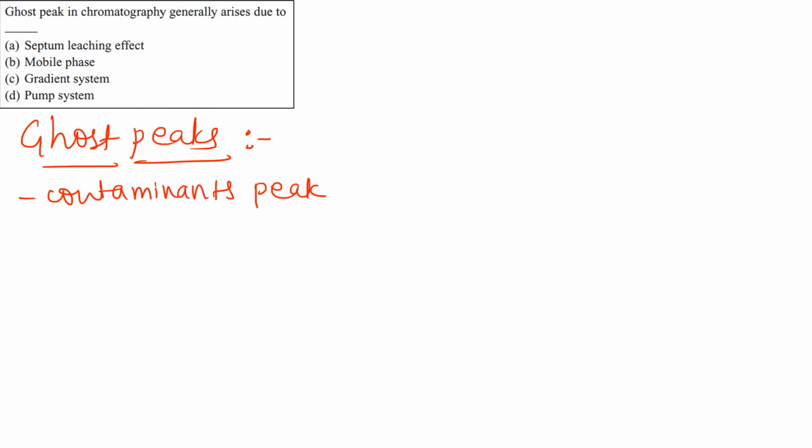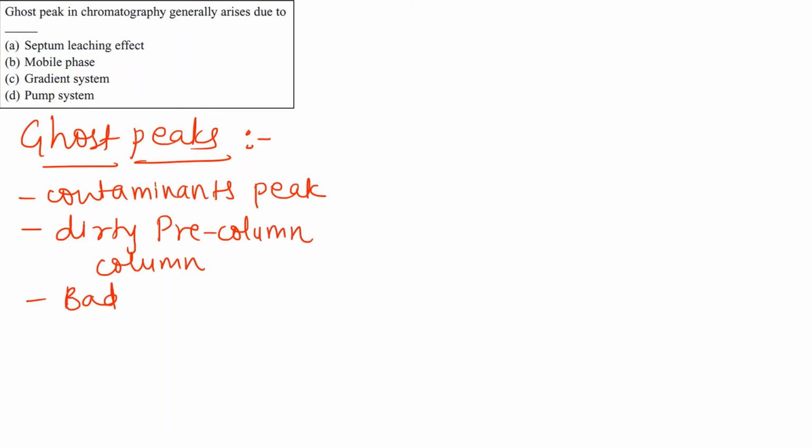That means when no sample is injected, still the peaks are appearing. Those are the contaminant peaks. The primary cause of ghost peak is a dirty column or dirty pre-column. A bad detector is also one of the reasons of the ghost peak.